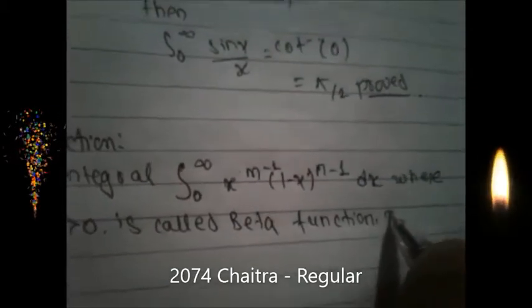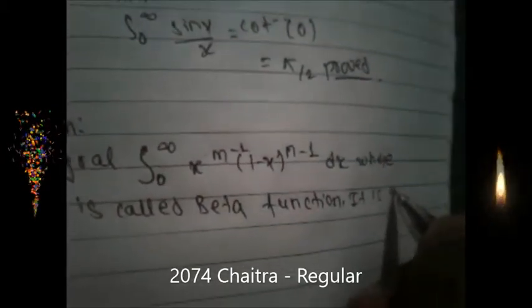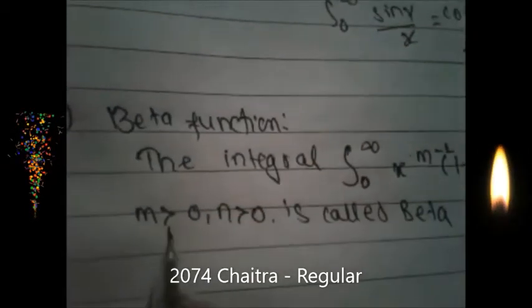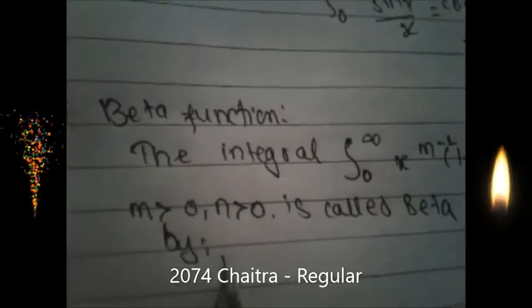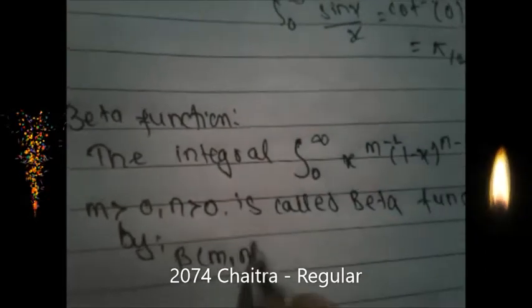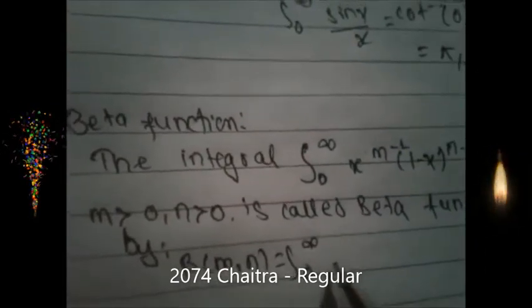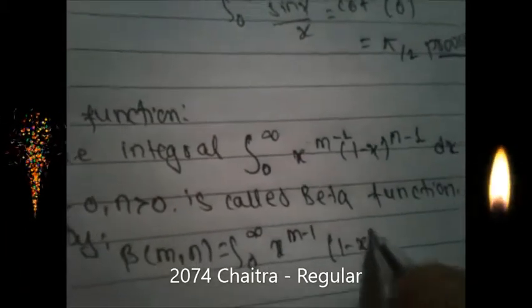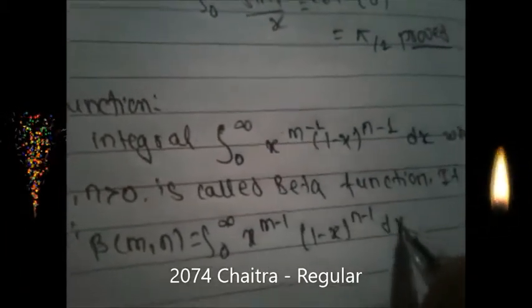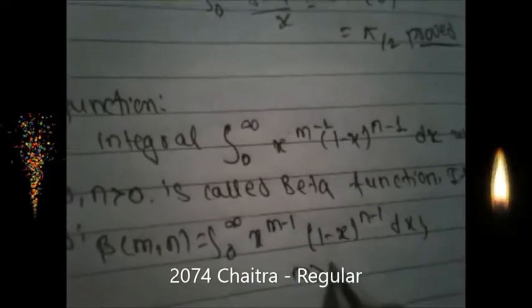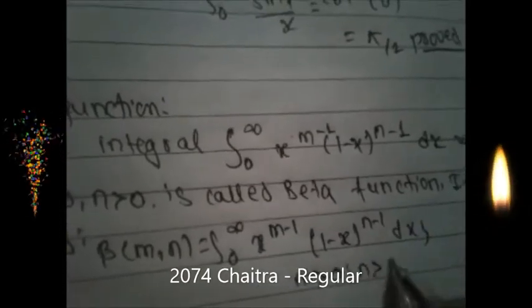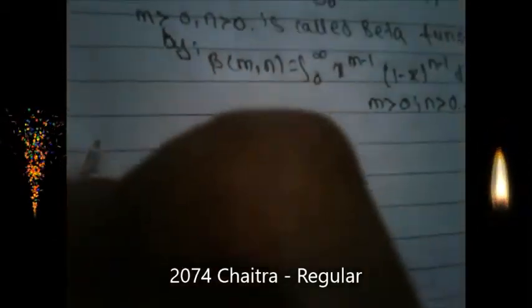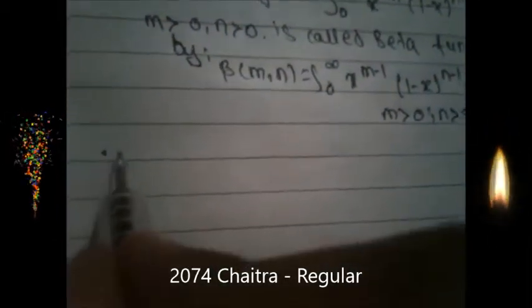That is given by beta of m comma n is equal to the integral of x raised to the power m minus 1 times 1 minus x raised to the power n minus 1 dx, when m is greater than 0 and n is greater than 0.